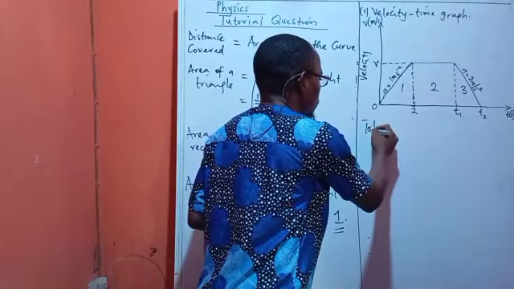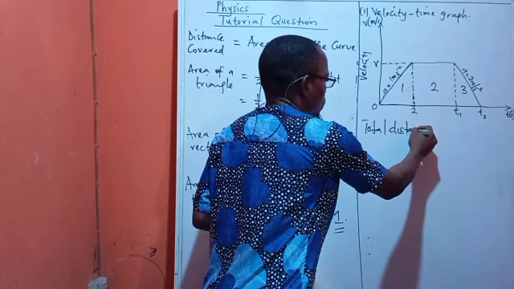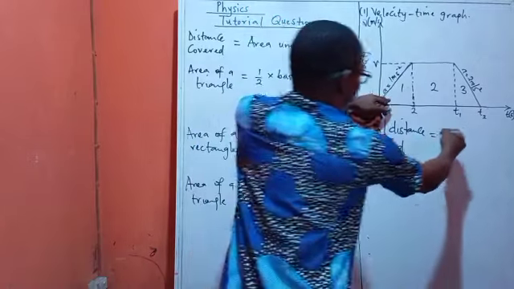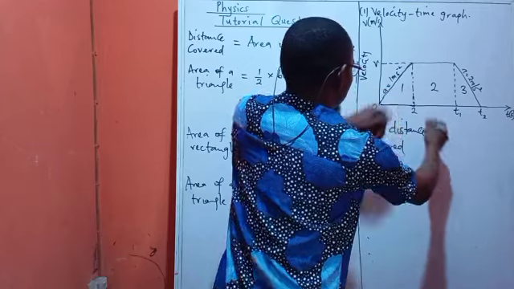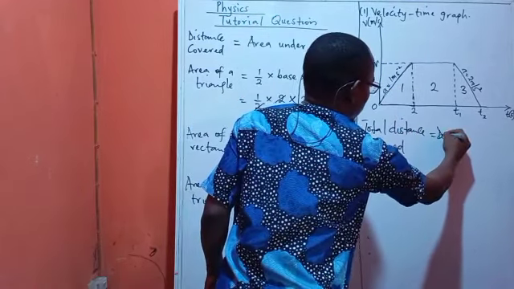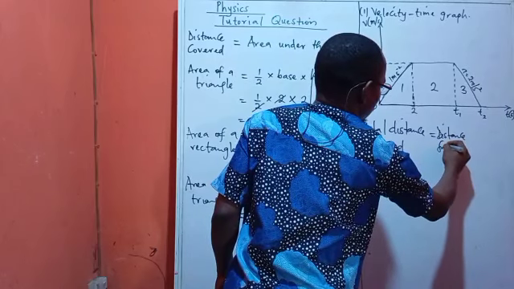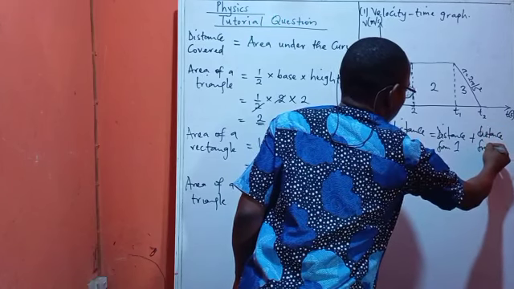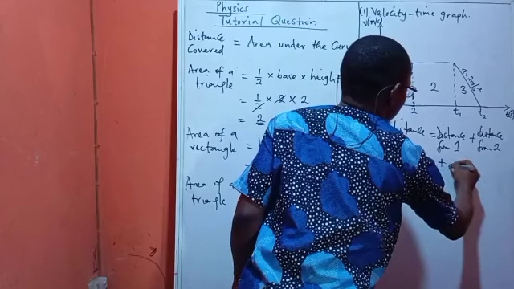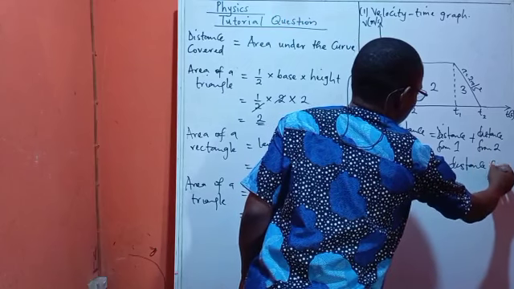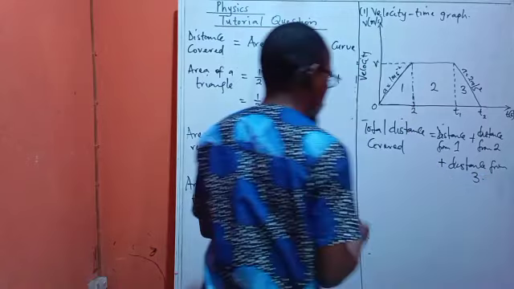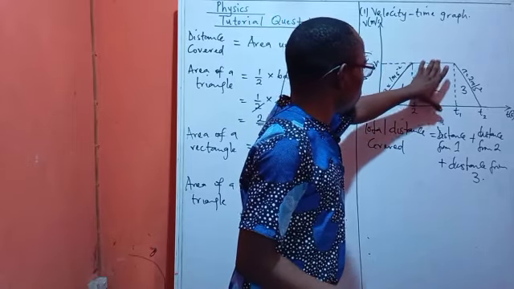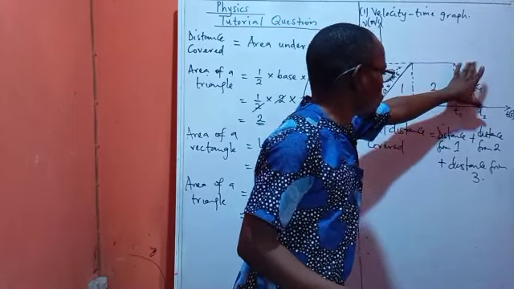So the total distance covered equals the distance from 1 plus the distance from 2 plus the distance from 3.